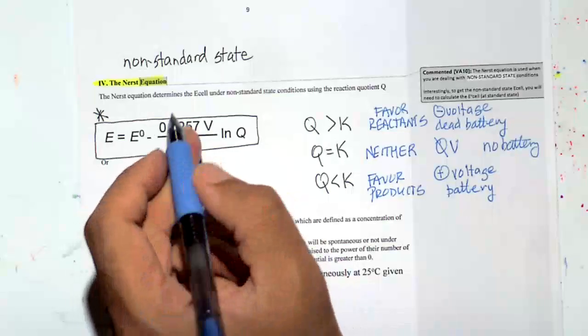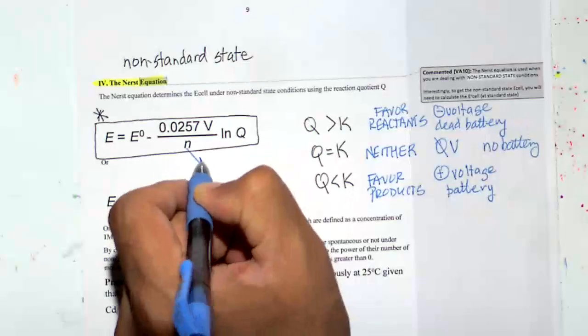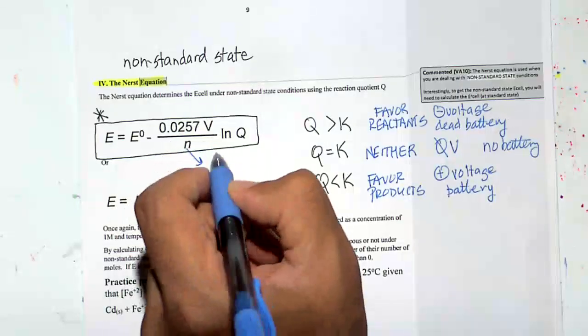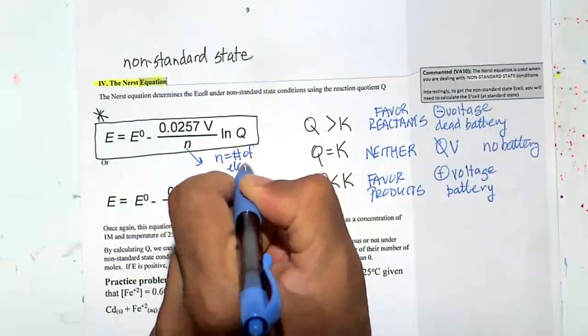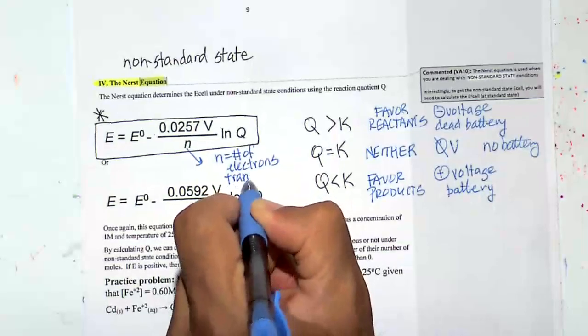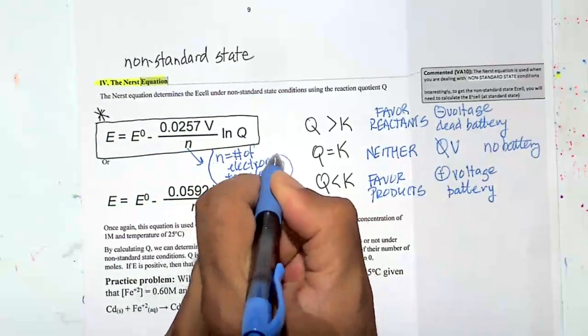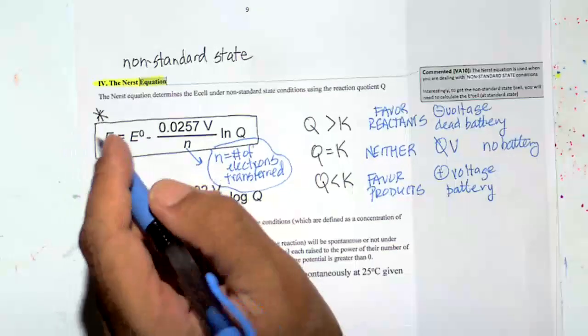All right, so this is the equation we will use. What is N here? Number of electrons transferred. We'll use this Nernst equation here. Here's my second point I want to tell you.